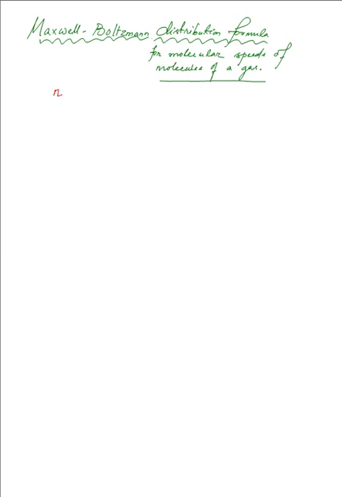This is n of v times dv, where dv is from the velocity range v to v plus dv, so it's obviously lying in that slot of dv.